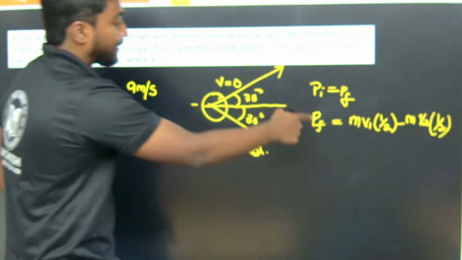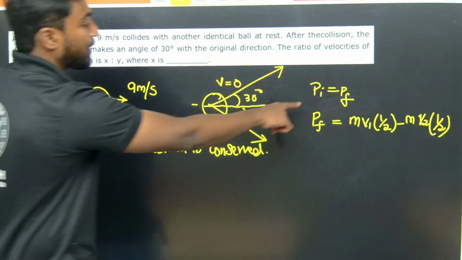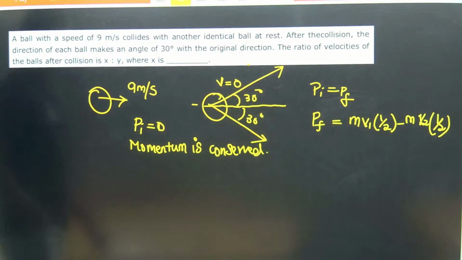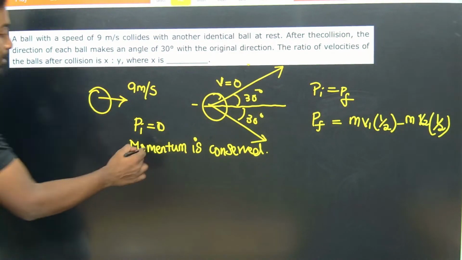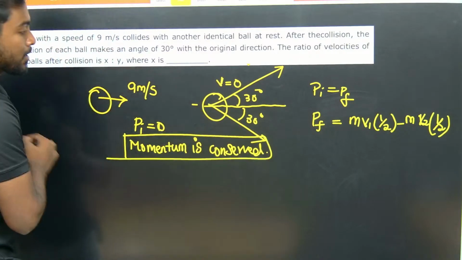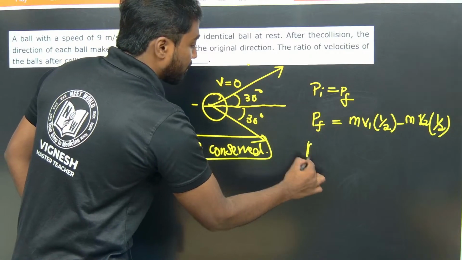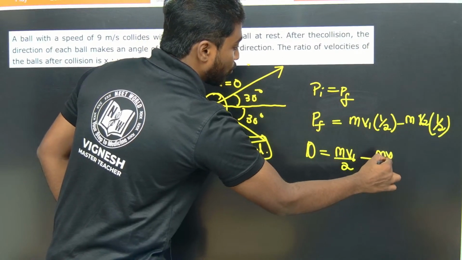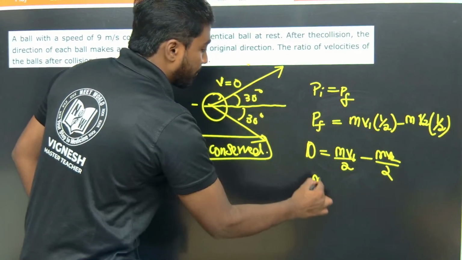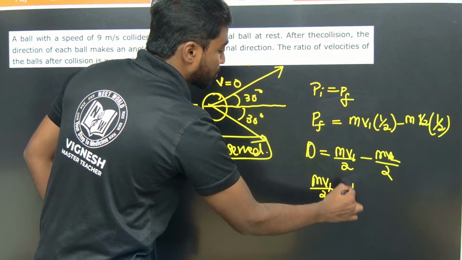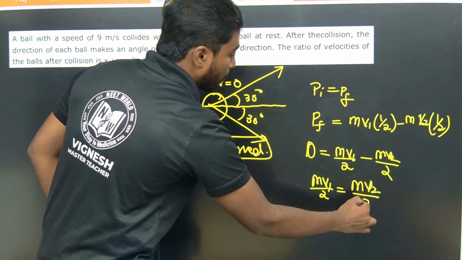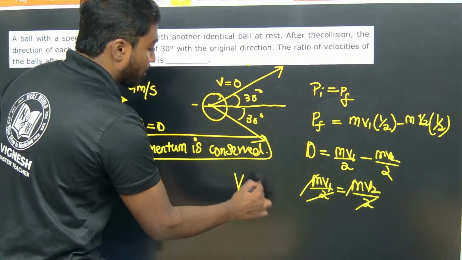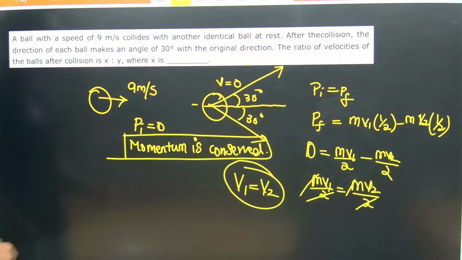If I take the equation P initial equals P final, the initial momentum and final momentum will be equal, because momentum is conserved. So 0 is equal to mv1 by 2 minus mv2 by 2. So mv1 by 2 should be equal to mv2 by 2. The 2 will get cancelled. So v1 is equal to v2. This is what we are getting.